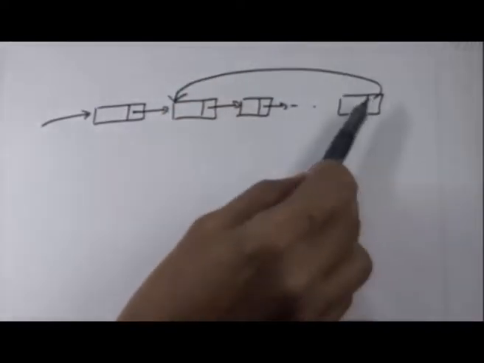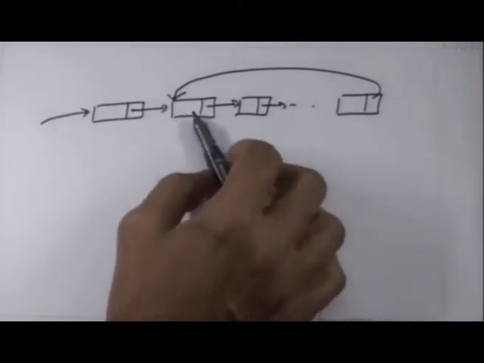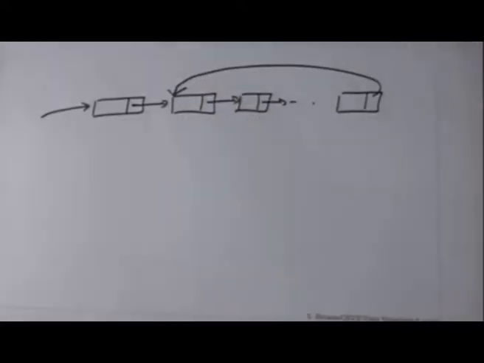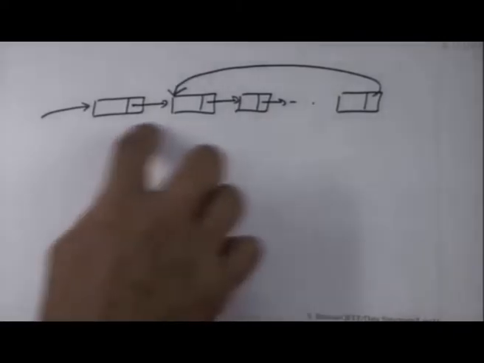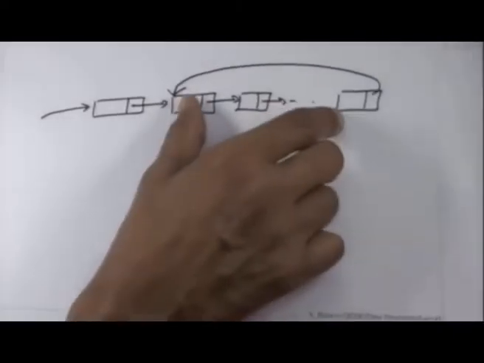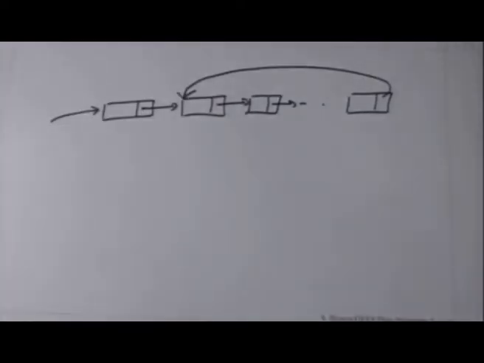The back link is going somewhere in the middle of the list. So notionally it is a circular list, but such lists are rarely of any use in any application, because you would like to cover all the elements in the circular list and not a small part of it. Typically, there may be strange applications where this is used.